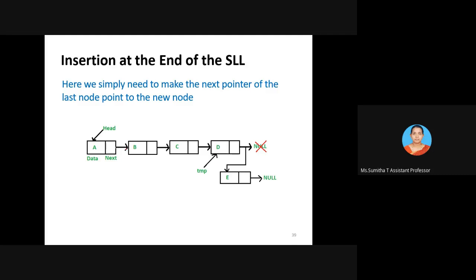This is the process we are going to do. We simply need to make the next pointer of the last node point to the new node. Last node means this is the last node, and next pointer means this is the next pointer. It is going to point to the new node.